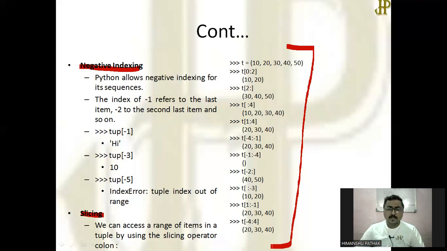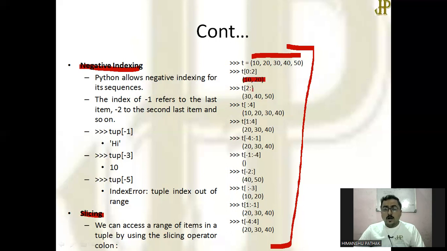So here I have taken some of these. One tuple is created, T, and in T there are 5 elements: 10, 20, 30, 40, and 50. Now I am going to access from the 0th position, the starting position of the tuple, and it moves up to 2 minus 1, that is the 1th position. So it will include the 0th element and the 1th element. That's why it shows 10 and 20.